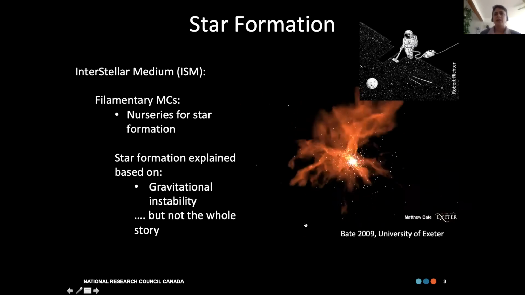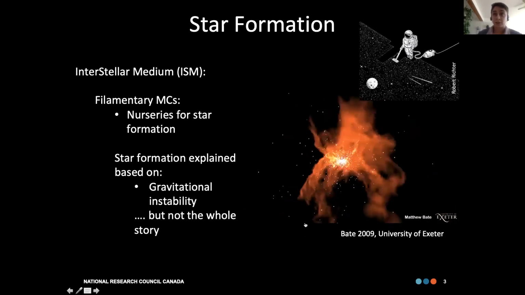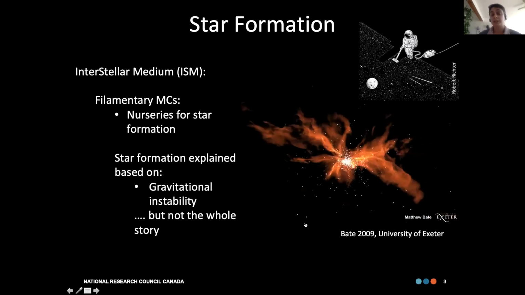So the main idea is based on gravitational instability, but that's not the whole picture and the whole story of star formation. There are other parameters here that are important in the star formation process, and one of them is magnetic fields.